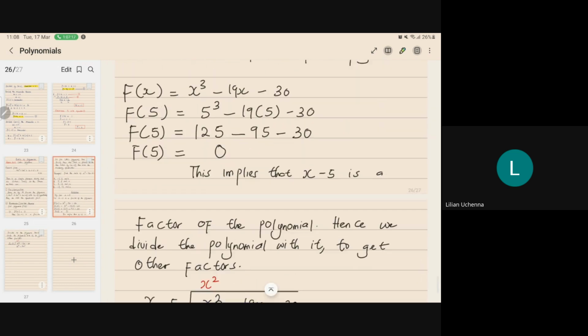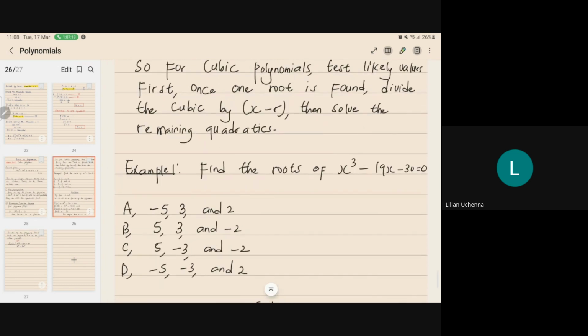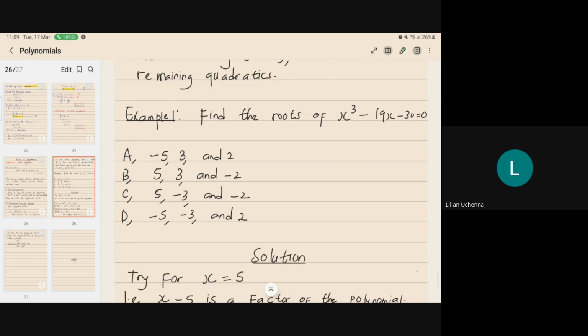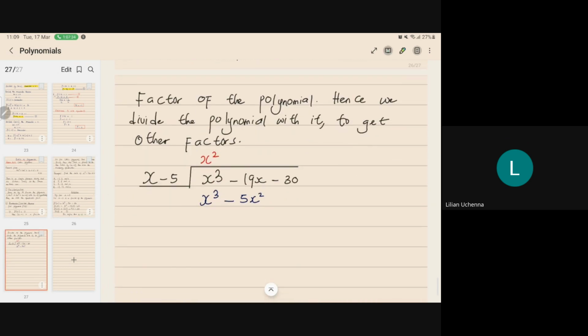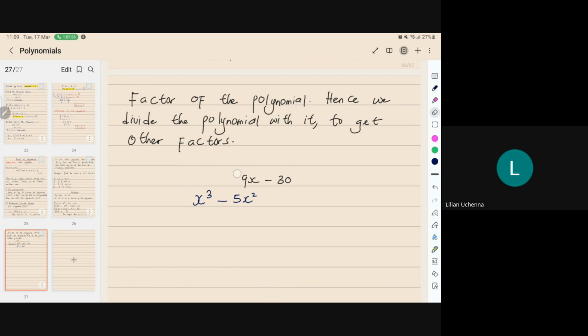I hope I'm writing the correct stuff they gave me. Yeah, minus 19x. But for me to divide, I'm omitting something. If you check, the polynomial is not complete, so for your division you have to factor that in, please. The polynomial they gave us was x cubed minus 19x minus 30.